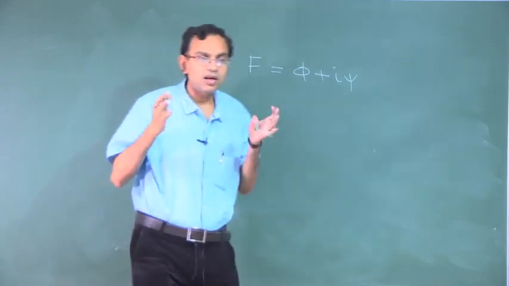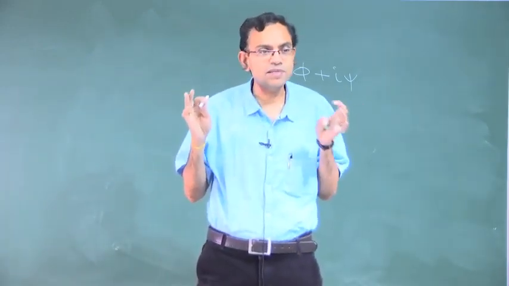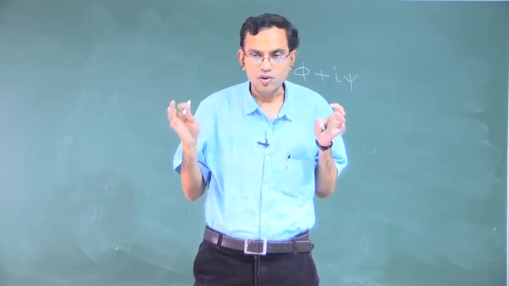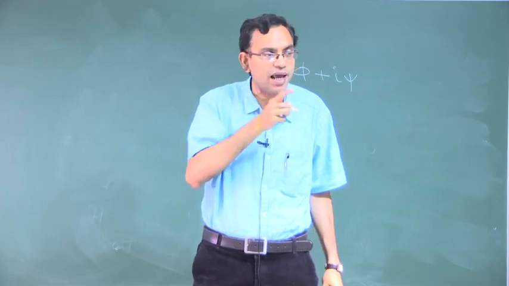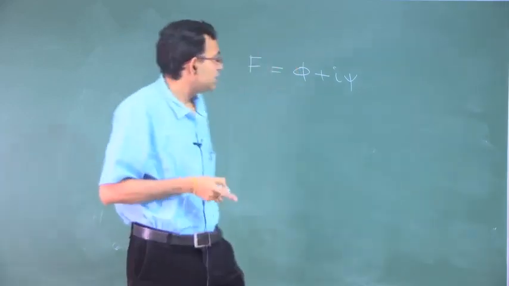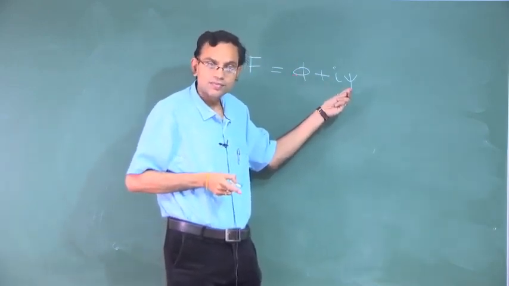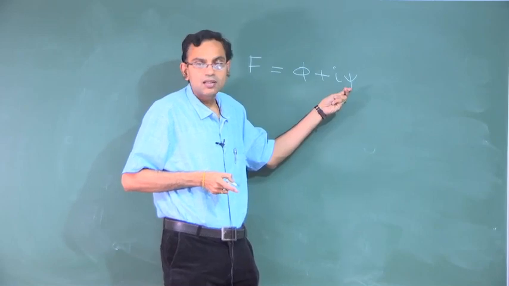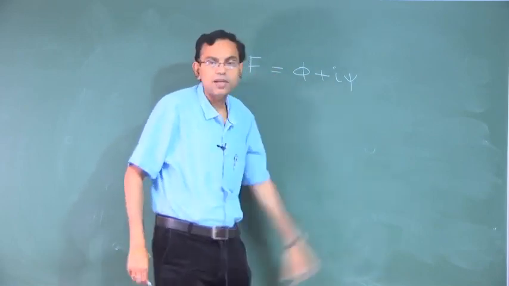Just recall we write a complex number z as z equal to x plus iy. What is the basic premise on the basis of which we write it? x and y are in orthogonal direction, right. So, here phi and psi are in orthogonal direction, therefore, except the consideration at the stagnation point, we can define a complex function like this.